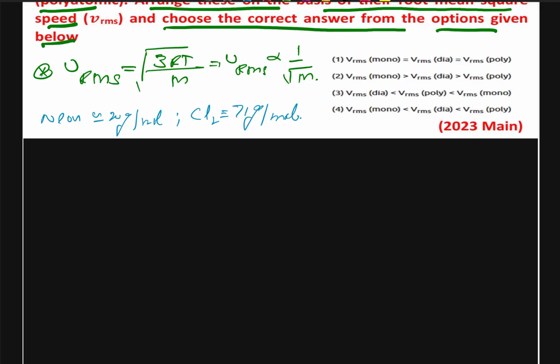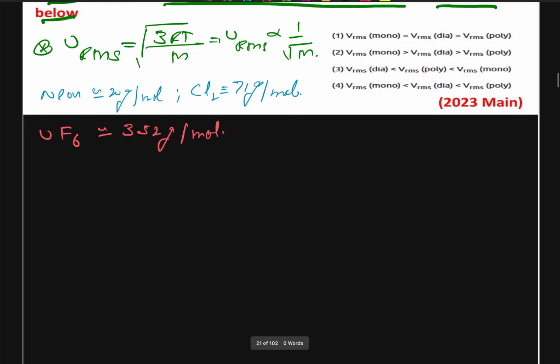And we have uranium hexafluoride, UF6, which has a molar mass of approximately 352 grams per mole. So the molar mass of neon is the lowest: neon is less than chlorine, which is less than UF6.